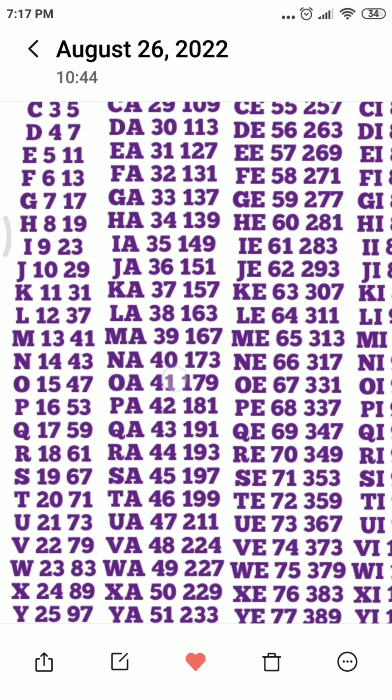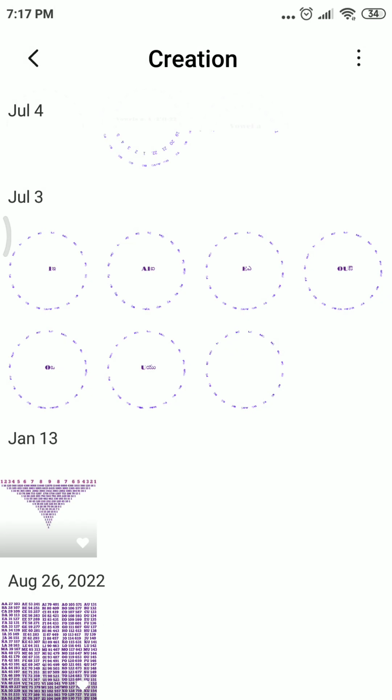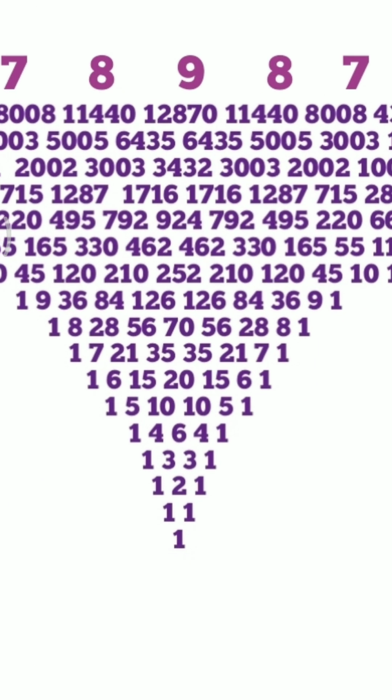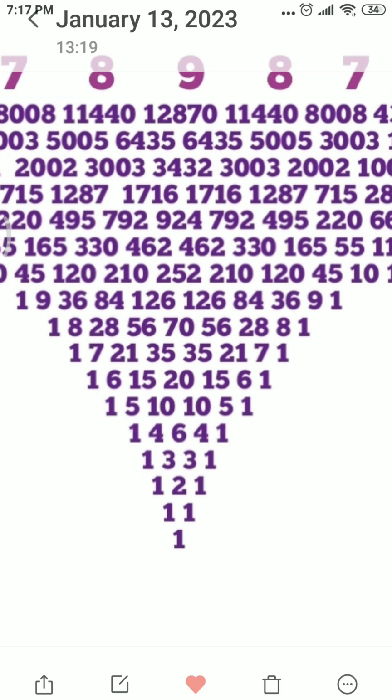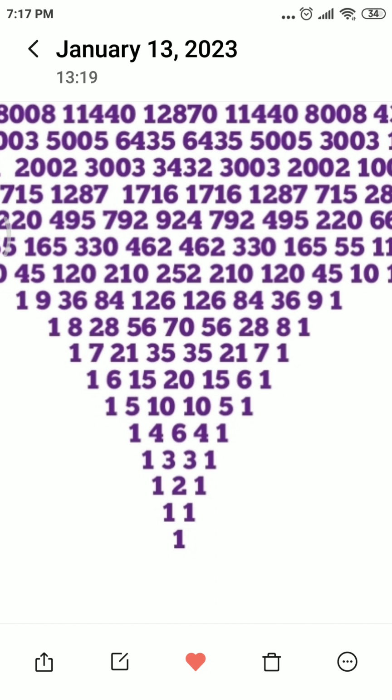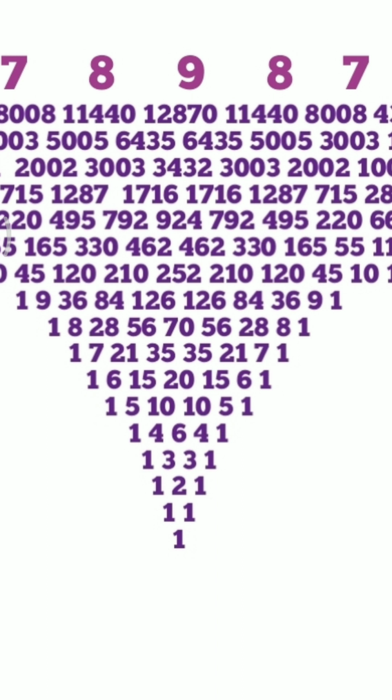Now what we will do is, here if we look at 14641, the individual digits in the row are nothing but powers of 10.